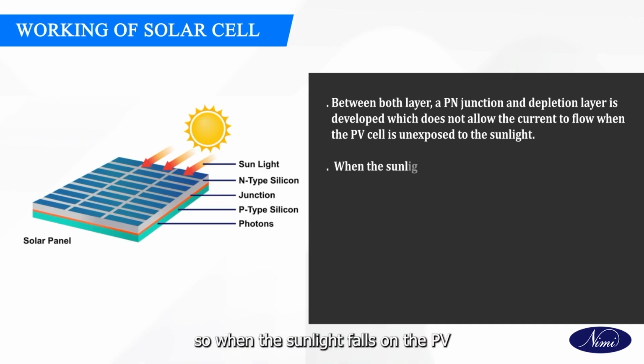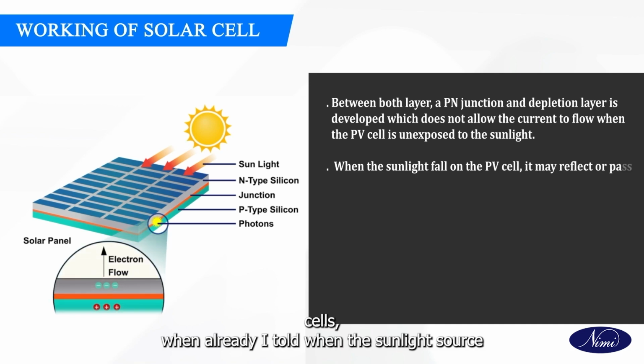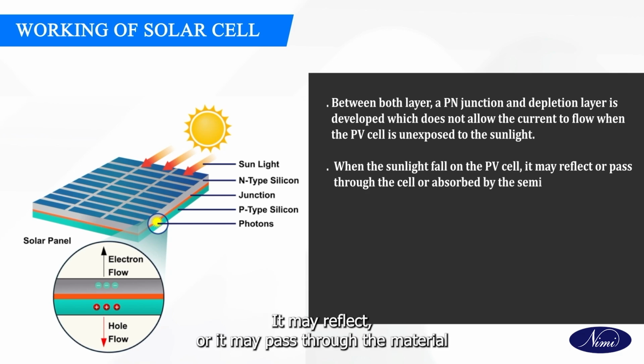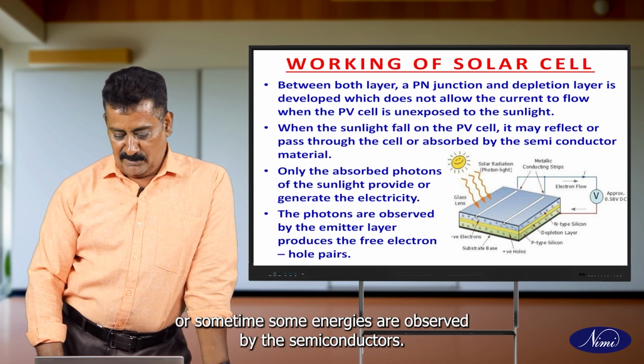When sunlight falls on any material, as I already told you, three things can happen. It may reflect, it may pass through the material, or some of the energy is absorbed by the semiconductor.